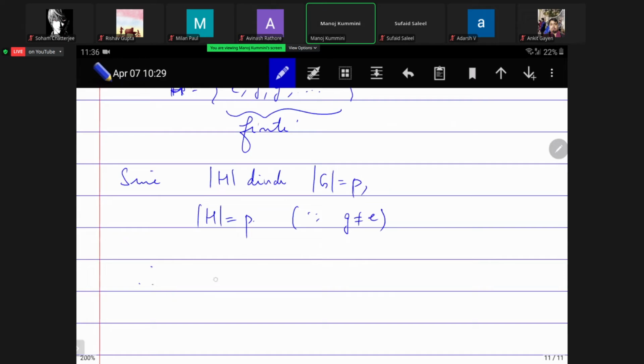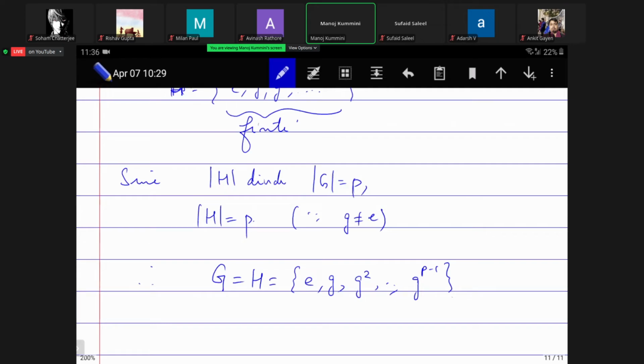Therefore G equals H, which is e, g, g squared, all the way up to g to the P minus 1, and g to the P is the identity.